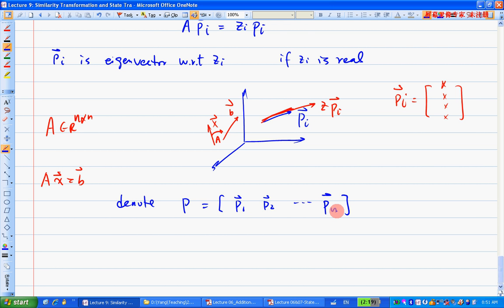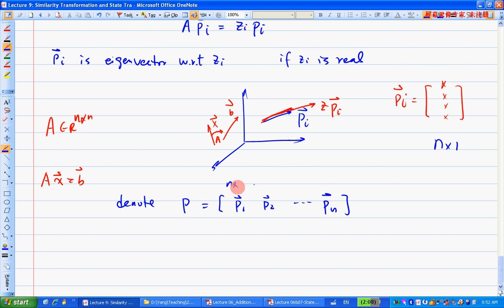If you look at the way I write it here, P1 is a vector. So what's the size of the vector? It's n by 1, if the matrix A is n by n. Each one of these is an n by 1 vector.